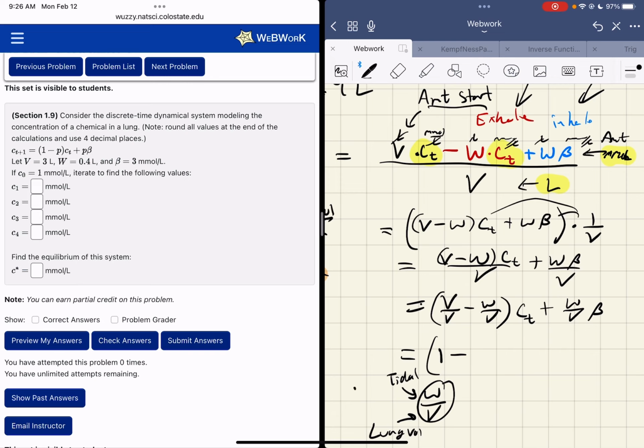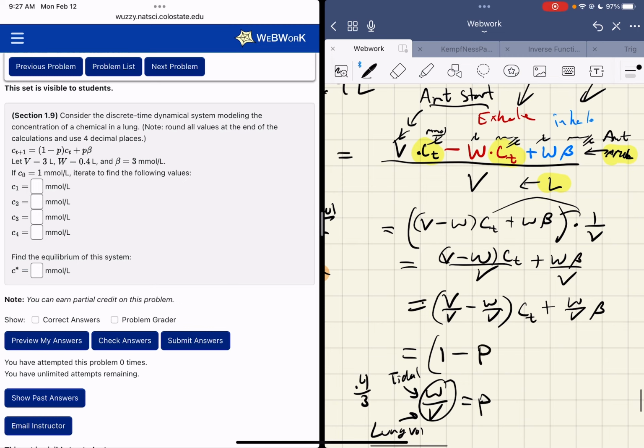So in this problem, it's 0.4 over 3. That fraction is the fraction of air that's exhaled and inhaled, okay? And that fraction is given the name P. Okay, so the P that shows up in this problem, in this updating function, is W divided by V, and that is how they get this updating function.